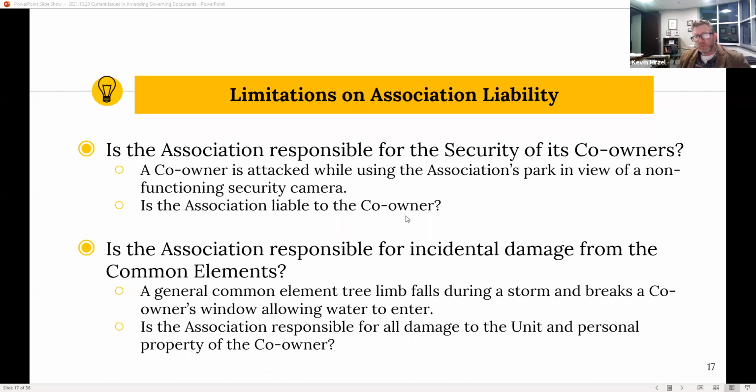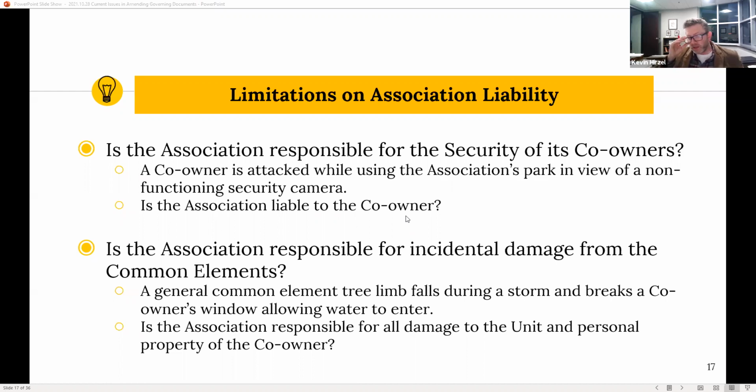In essence, the less exposure to liability the association has, the lower the premiums for liability insurance, which is generally a good thing. However, in some instances, you need to be careful about it. What I've attempted to do here is identify a couple of instances where you may want to consider amending your documents to limit association liability.